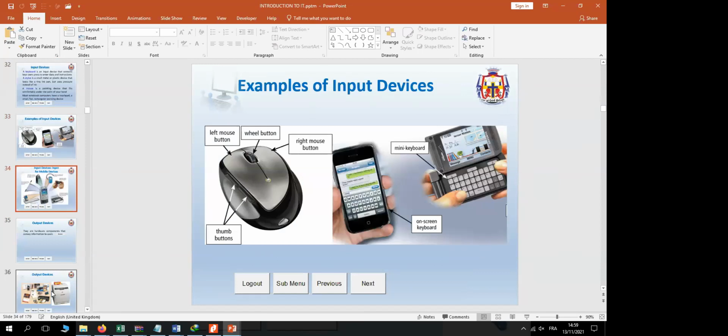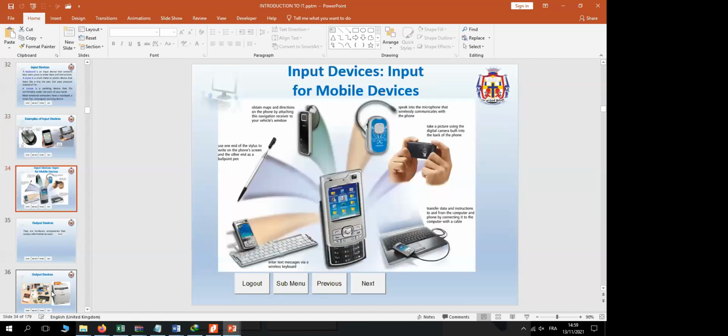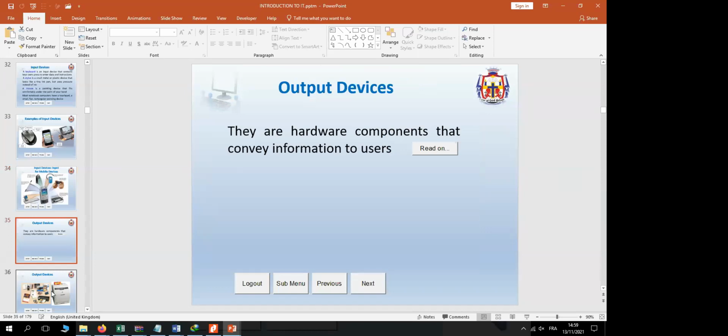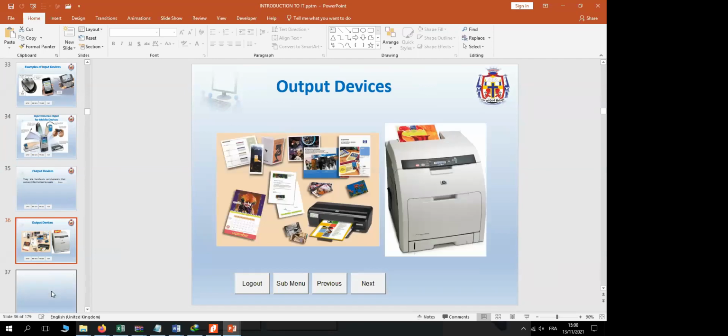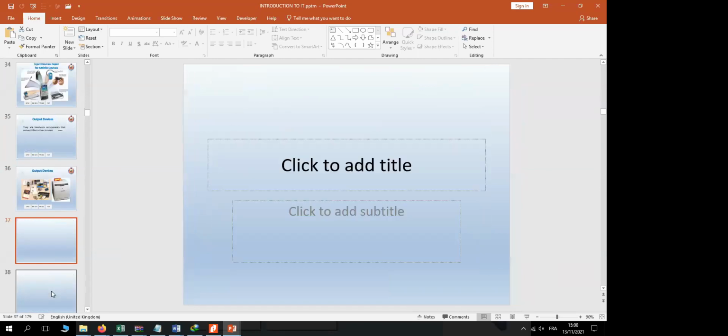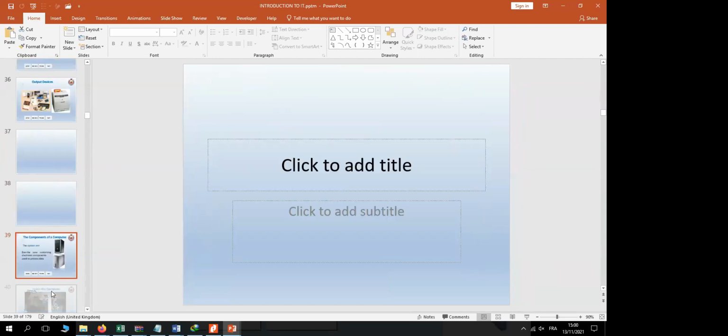We've given examples you can scan through, such as the light pen, anything that we use to enter information, whereas output are used to get information out of the computer, such as the printer, the speaker, and so many other components.